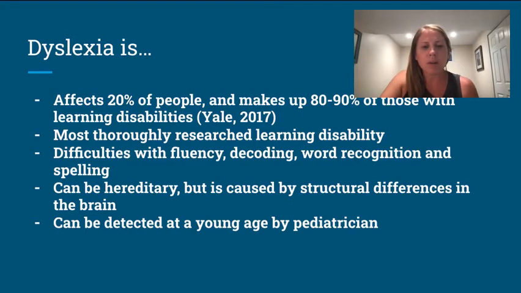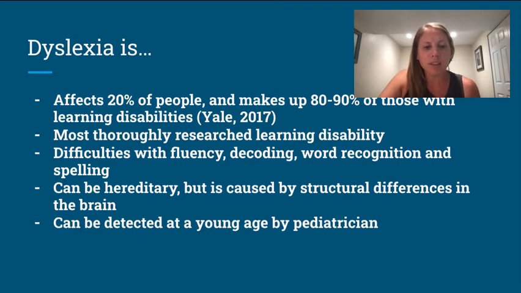So I want to talk about what dyslexia is first. It is the most common learning disability and the most thoroughly researched learning disability of all of the learning disabilities, and affects 20% of people. So even if we're just working with kids, we want to think about how there are many, many adults that live and function with dyslexia.